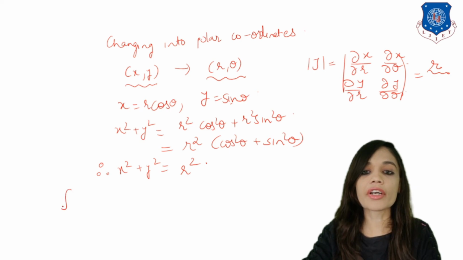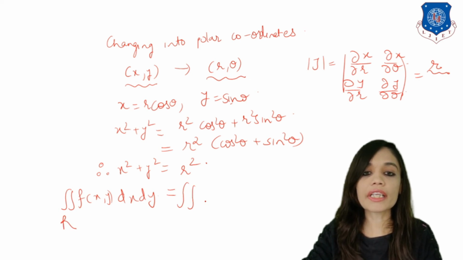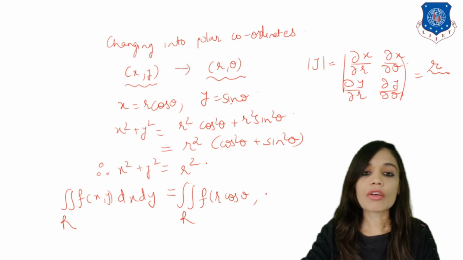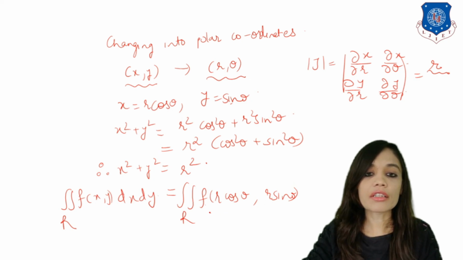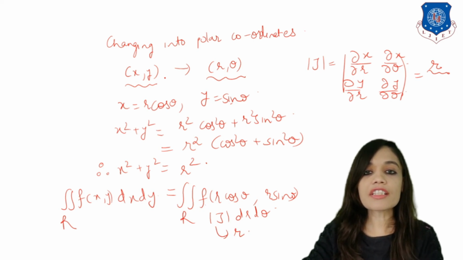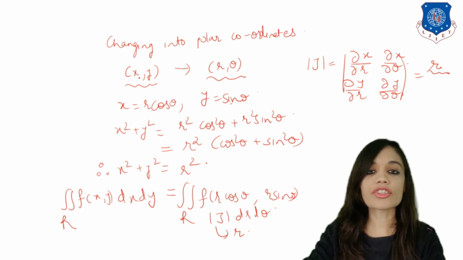So finally our double integral of f of x, y dx dy over a region R is converted into the double integral over R of f of r cos theta, r sin theta, mod J, dr d theta. But the value of mod J is r, right? So using this method we can convert our Cartesian coordinates to polar coordinates.